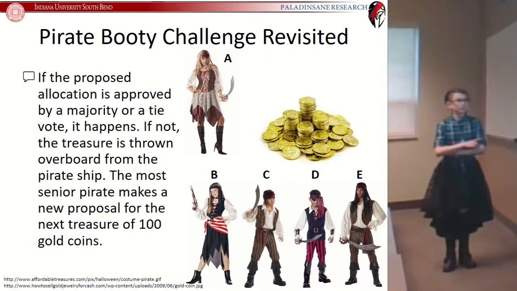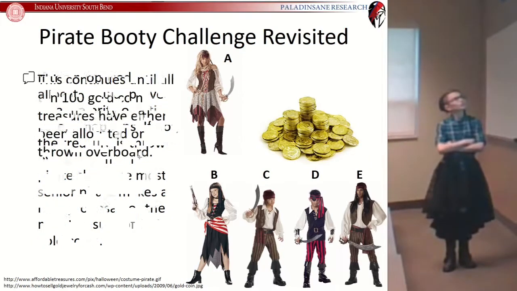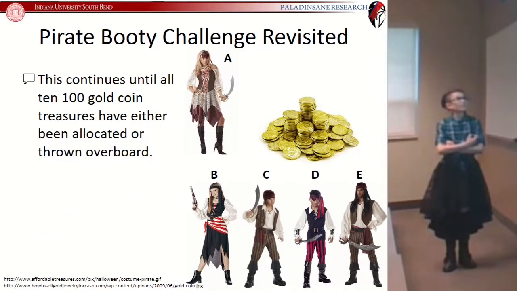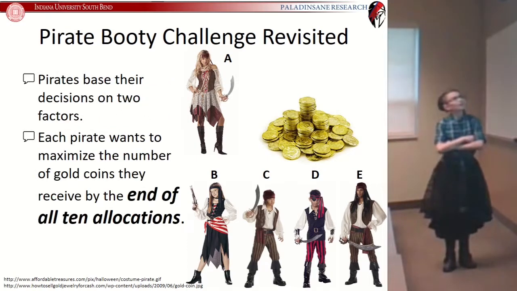If the proposed allocation is approved by a majority or a tie vote, it happens. If not, the treasure is thrown overboard from the pirate ship. The most senior pirate makes a new proposal for the next treasure of 100 gold coins. This continues until all 100 gold coin treasures have either been allocated or thrown overboard. Pirates base their decisions on 2 factors.